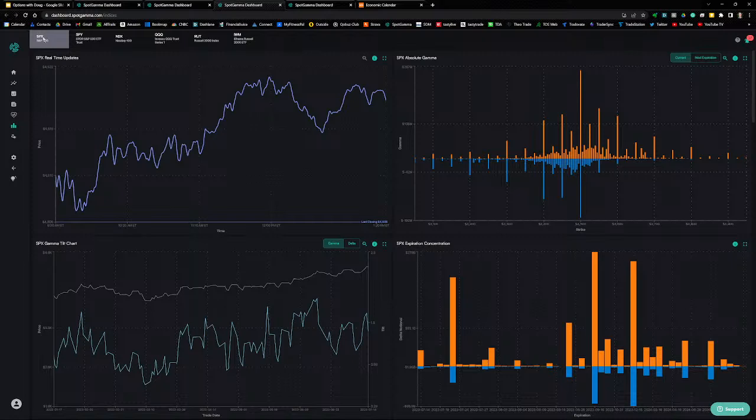So all three of these index products really kind of mean reverted back to the call wall at the close on Friday. All right, now we'll talk about shifts and levels in a few minutes, but just note that for SPX and QQQ, the call walls did shift higher, moving that potential ceiling for price up. So we'll talk more about that in just a minute.